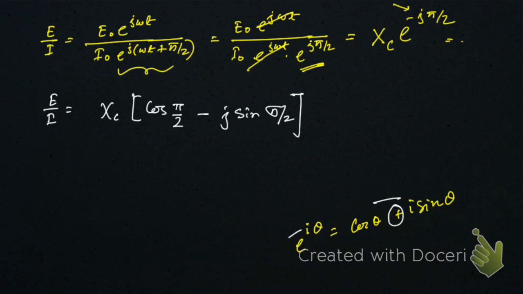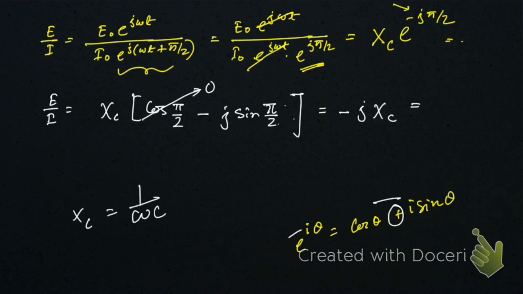Let me write it properly. Cos pi by 2 is 0. That is why we have minus j XC, because sin pi by 2 is 1. XC that we have already got is equal to 1 by omega C, that is capacitive reactance.